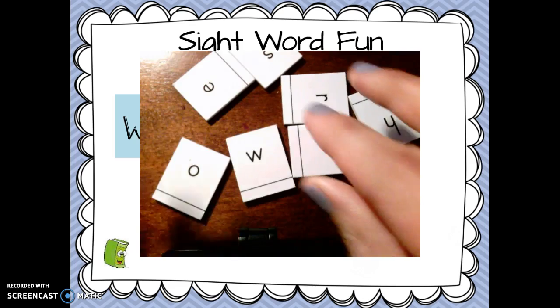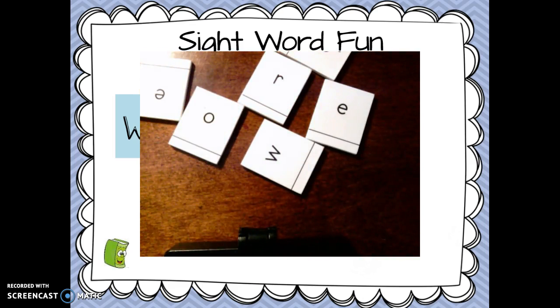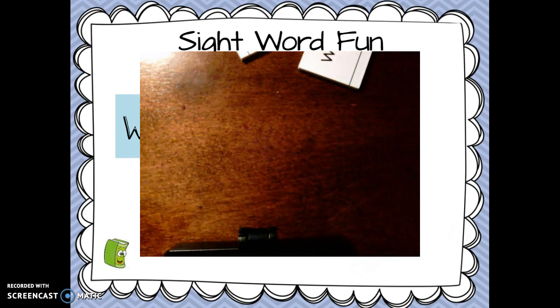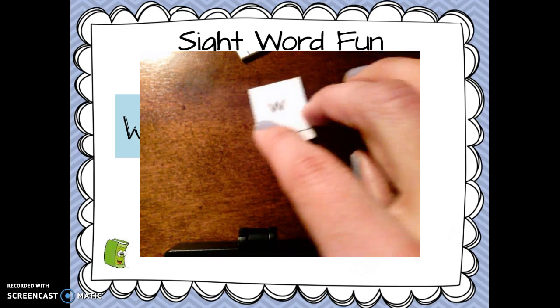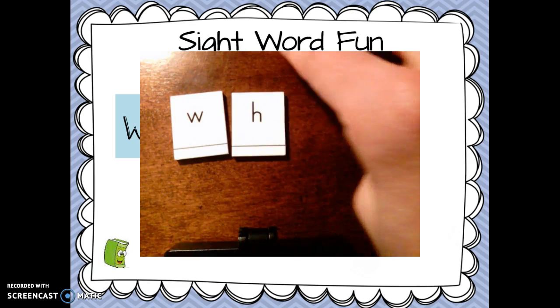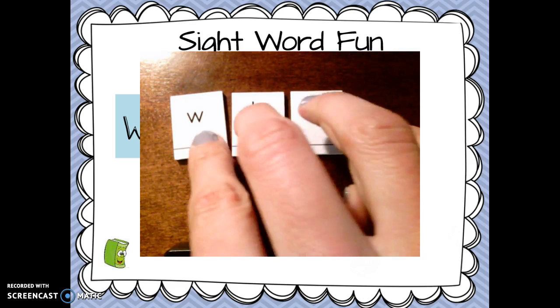So I'm going to show you with my letter tiles using the words that I just had on the board. The first word was who. So I'm going to look at the word, take a picture of it in my mind, and then practice building the word with my letter tiles. Who. And I'm going to read it every time I touch those letters.